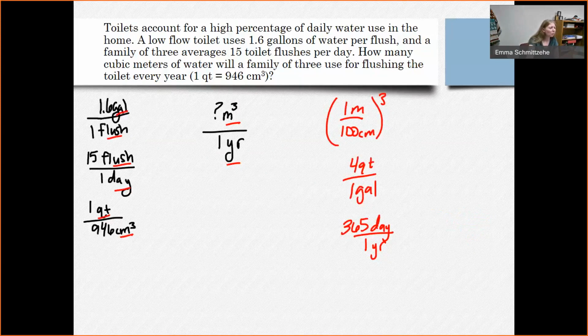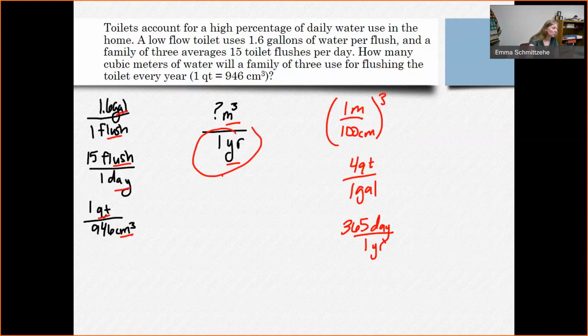And so we have all of those relationships that can help us get to our end goal. So we want to know how many cubic meters per year. What I would do is start with 1 year, since that's what I want to deal with.